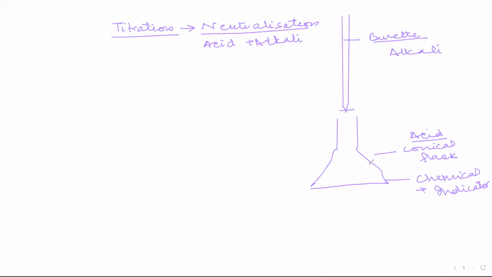So whatever chemical we are going to add into the beaker should be measured through the pipette, right? And should be poured into the conical flask. So this is a chemical, and then we need to add the indicator.